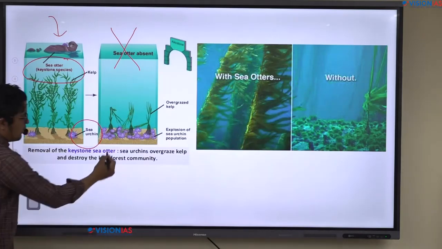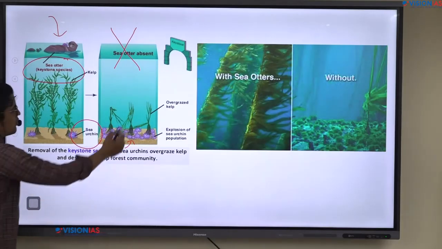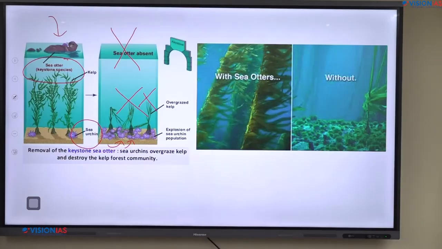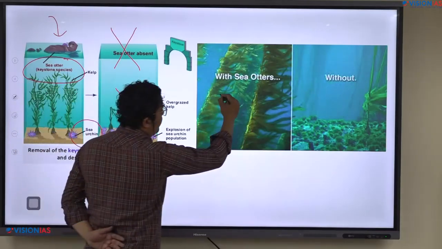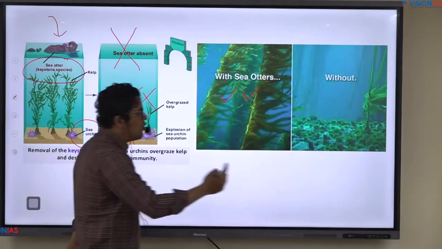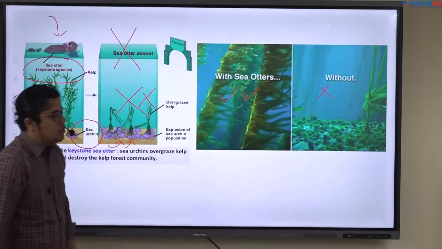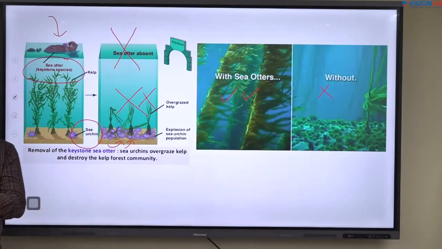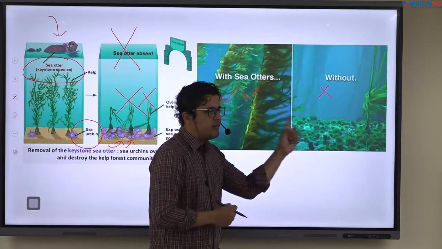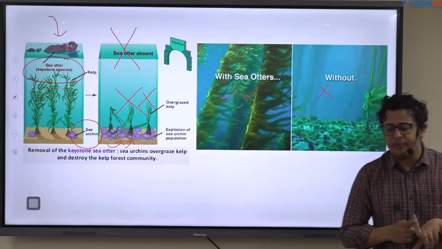What will happen? Their population will increase. Urchins will increase, and they will destroy the plants. They will completely damage the plants. So plants are healthy if sea otter is present. Plants would be completely damaged if sea otter is not there. So presence of sea otter is needed. If you remove sea otter, the whole ecosystem will change. So sea otter is considered a keystone species.